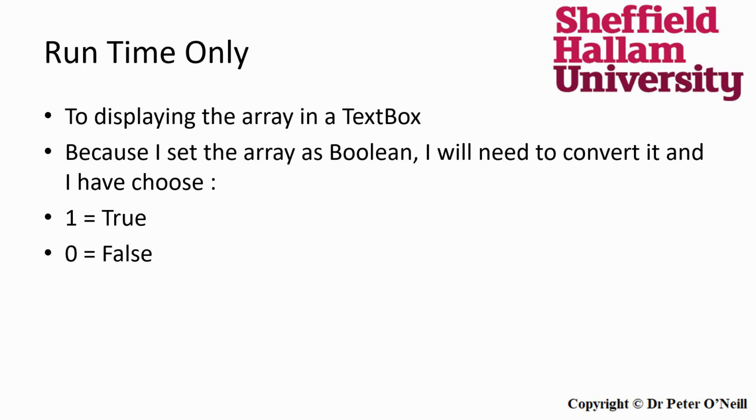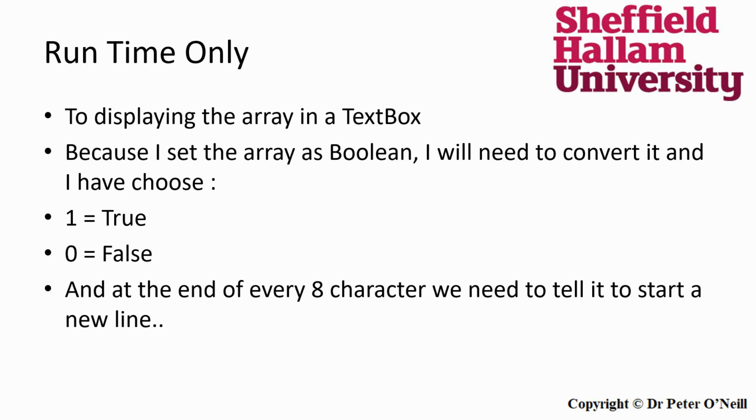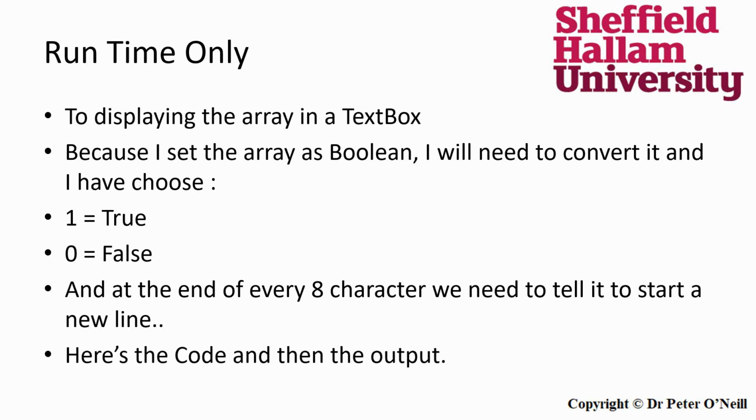Otherwise, we'd end up with the word true, true, false, true, false, going right across the page, and I didn't want that. So if you see true, print a 1. If you see false, print a 0. And at the end of every 8th character, we need to tell it to start a new line, otherwise we'd end up with a great big line of them.